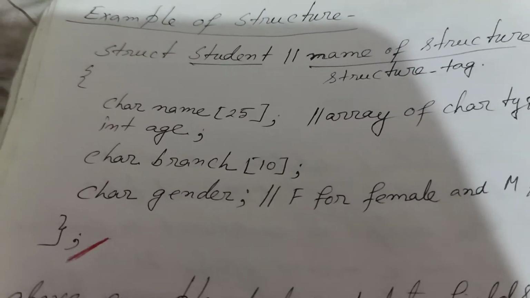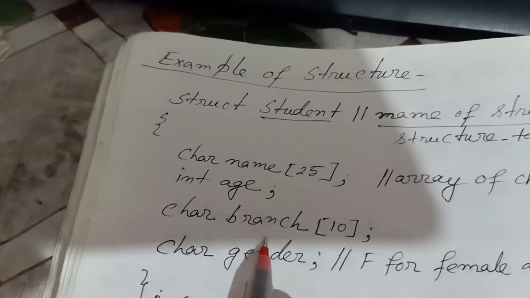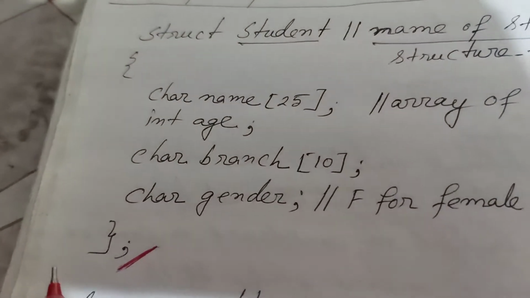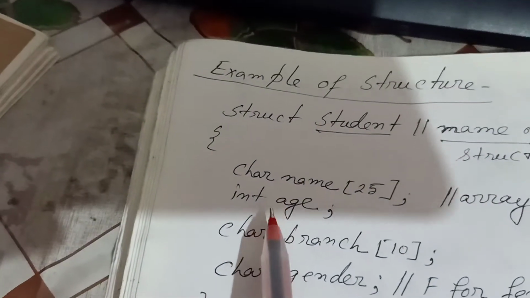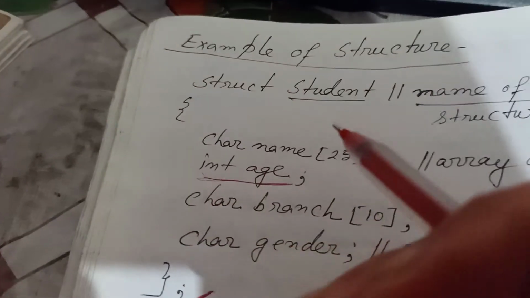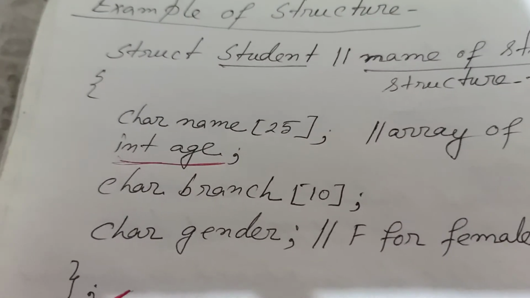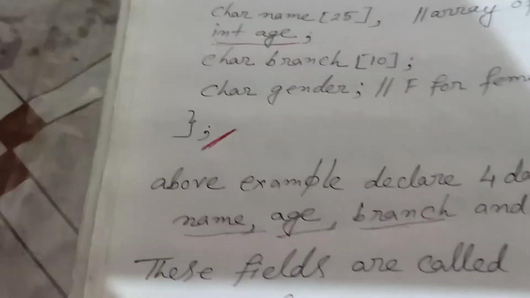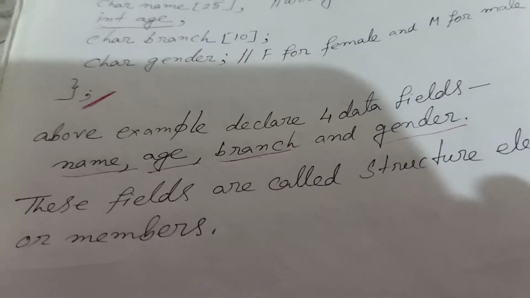That is, char name of size and char branch of size are derived data types. That is the character array, and age is an integer, that means a primary data type. Int age is a primary data type, and char gender is also a primary data type. Okay, these fields are called structure elements or members.